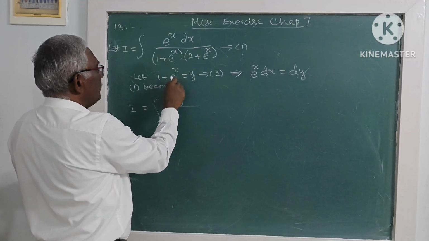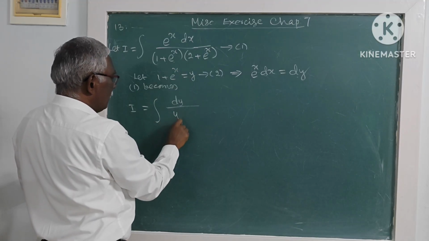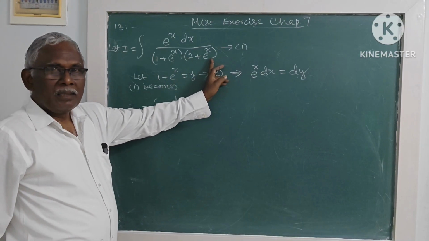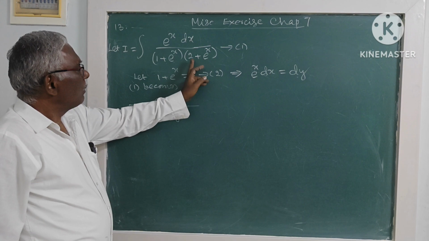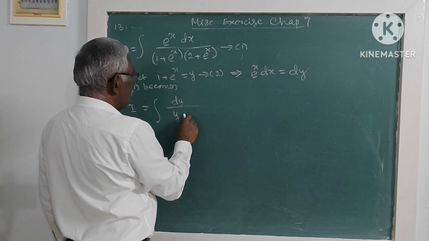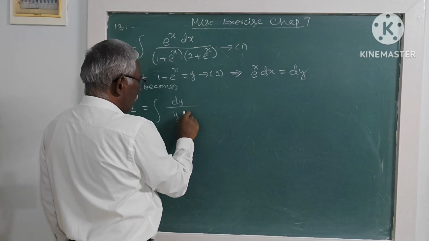Then 2 plus e power x, we can write as 1 plus y, so it will be y plus 1.